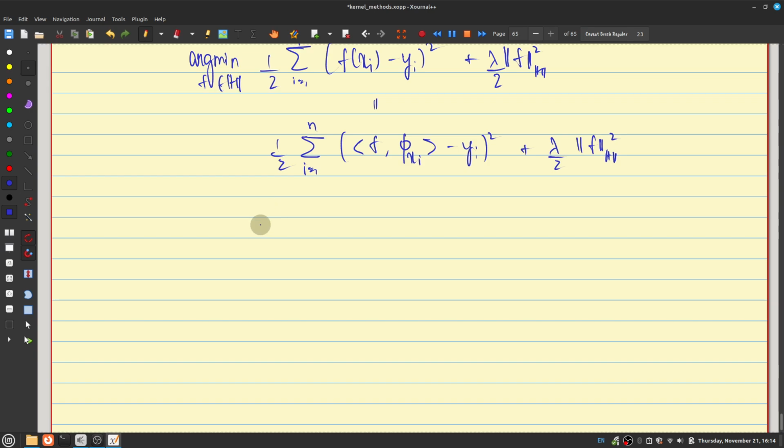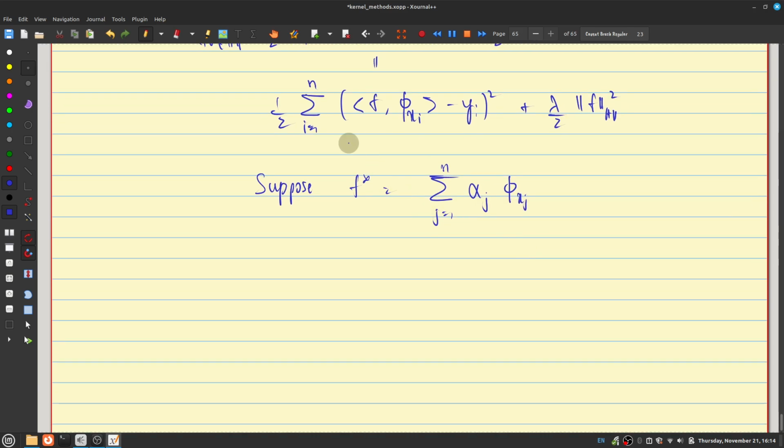So suppose f star is sum j equal to 1 to n alpha j phi xj, right? Let's see what happens when we replace this f by f star.